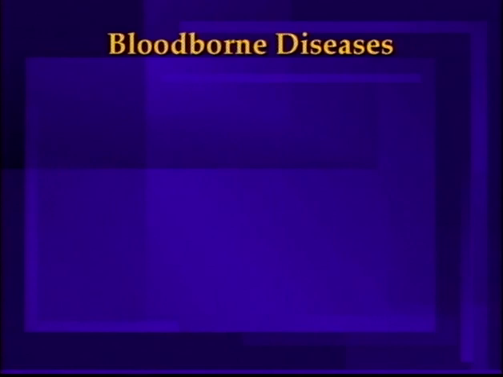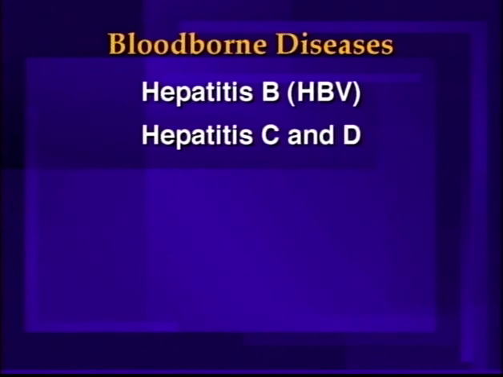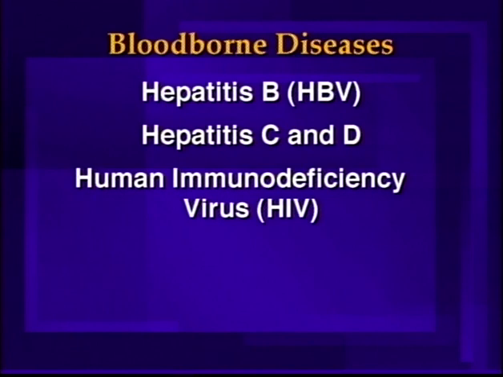The diseases that can be spread by bloodborne pathogens include hepatitis B, also known as HBV, hepatitis C and D, and human immunodeficiency virus, HIV, the pathogen that causes AIDS. The most significant and worrisome bloodborne diseases are hepatitis B and HIV.